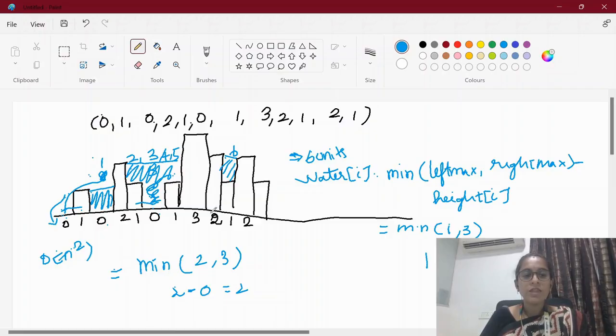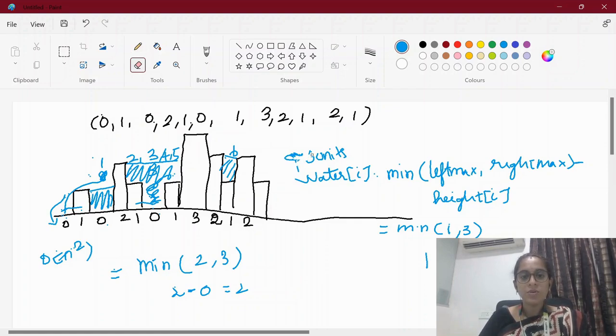If we think of another way to solve this problem, we can maintain the left max and right max as positions.